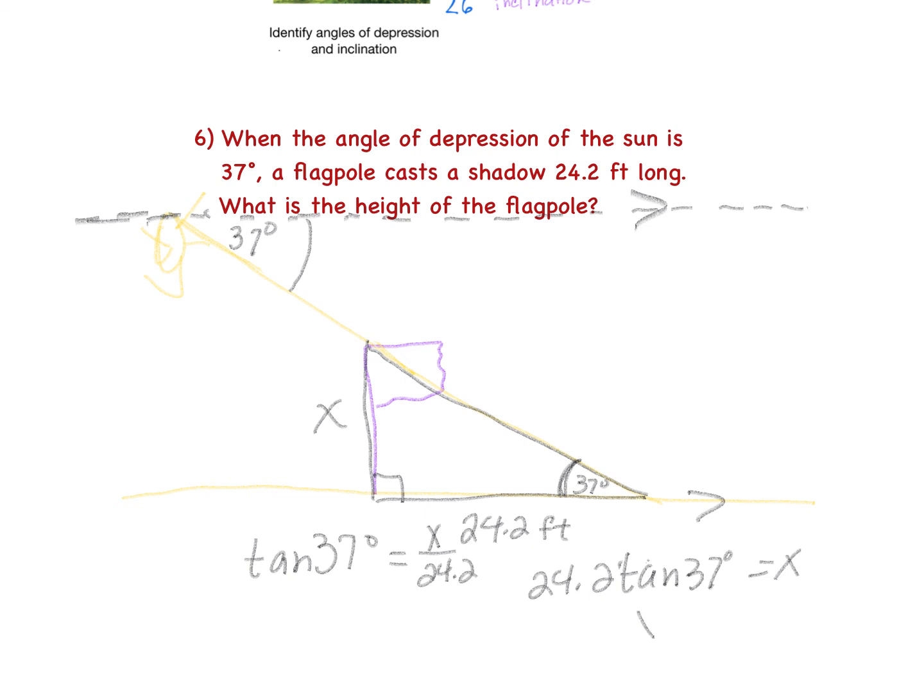So I got 18 feet-ish, 18.2. I guess we'll keep it at 18.2 since it was originally 24.2. 18.2 feet tall is the measure of that. All right, let's look at another one.